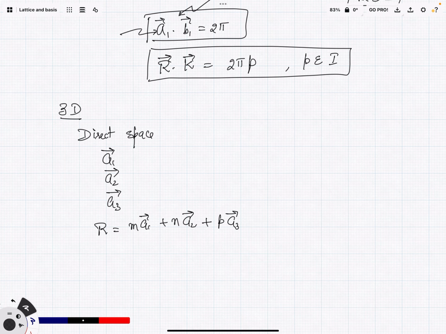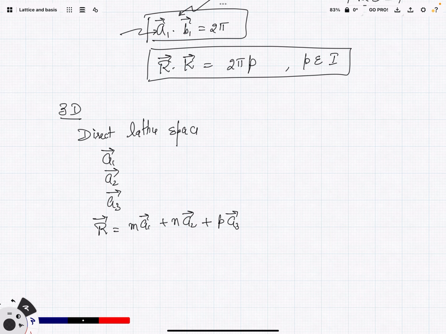So this is my direct lattice space, instead of a space. I'm now constrained to the lattice points only.